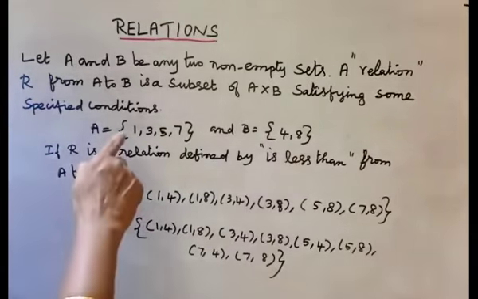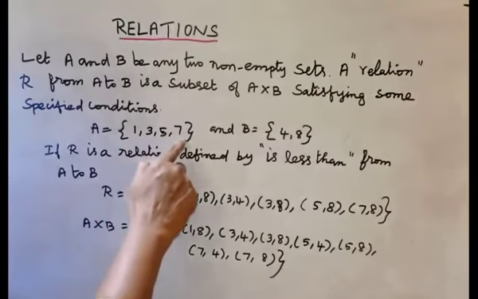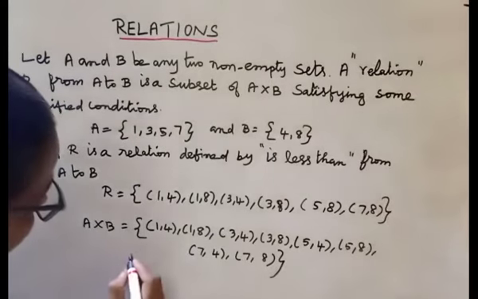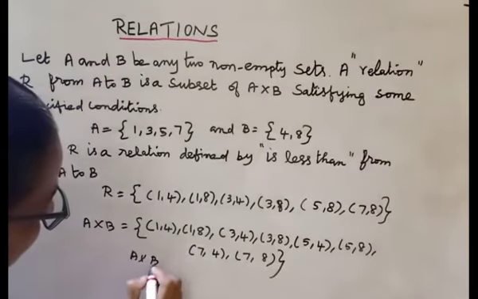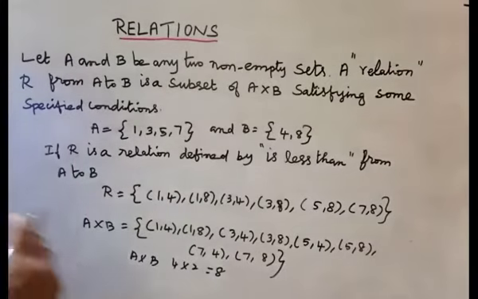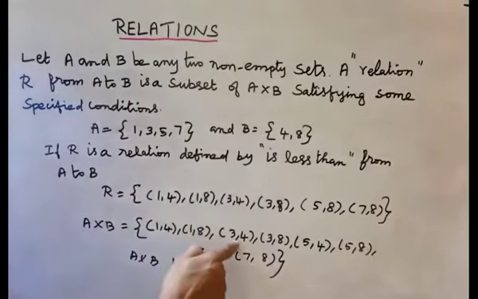You check it. Number of elements in A equals 4, number in B equals 2. So in A cross B, 4 into 2, 8 ordered pairs are there. 1, 2, 3, 4, 5, 6, 7, 8. Okay, your answer is right.